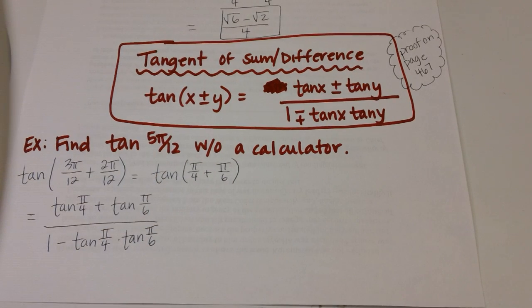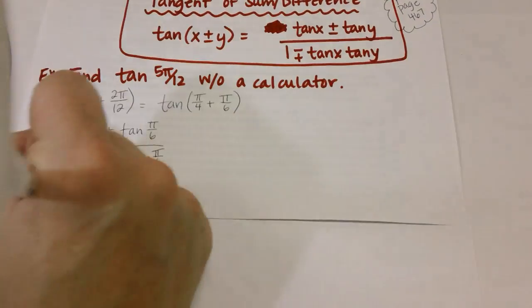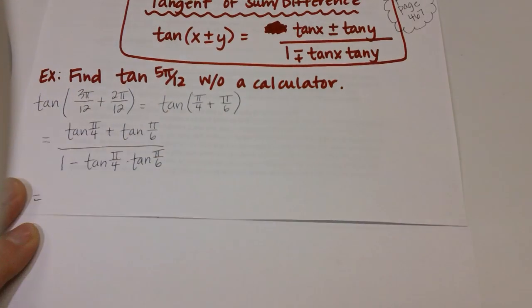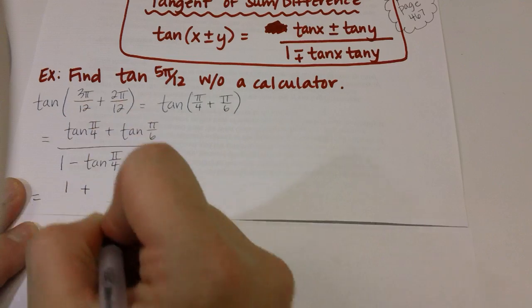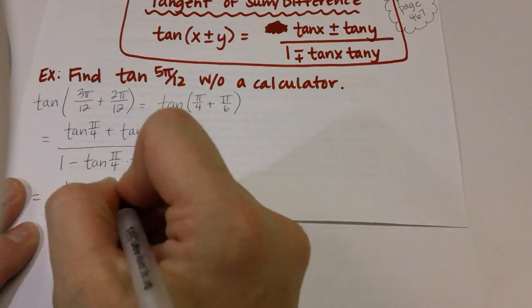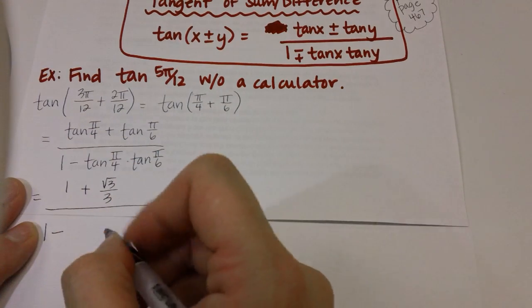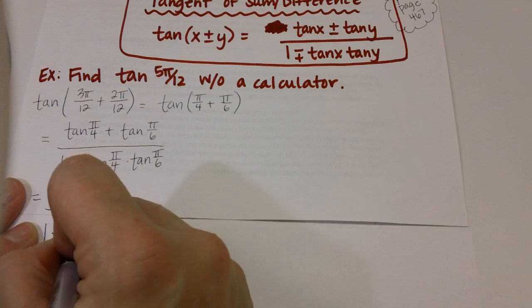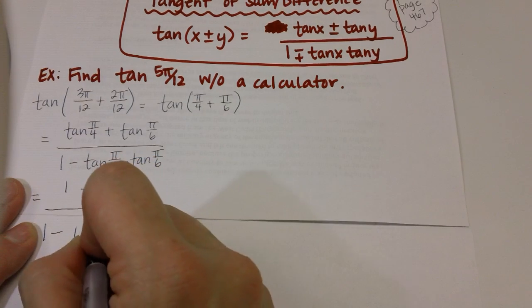Using your unit circle, we know that the tangent of pi over 4 is 1, plus the tangent of pi over 6 is the square root of 3 over 3, and that's all divided by 1 minus 1 times the square root of 3 over 3.